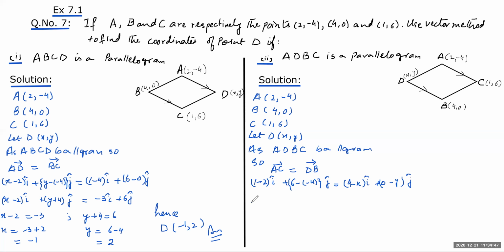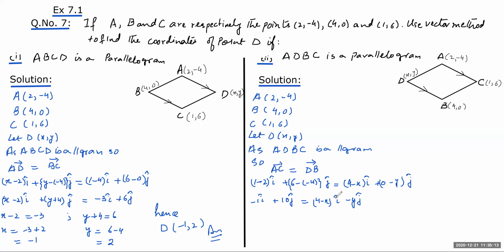As a result, I get -1 into unit vector I plus 10 into unit vector j is equal to 4 minus x into unit vector I plus minus y into unit vector j.